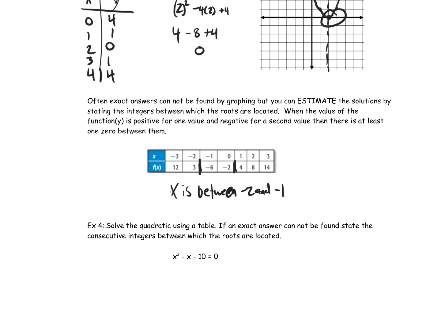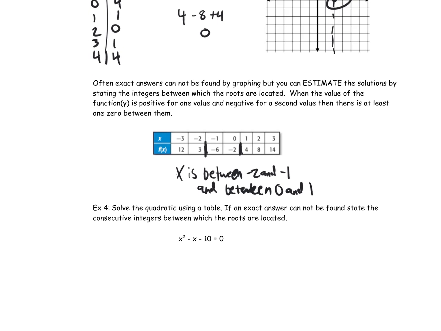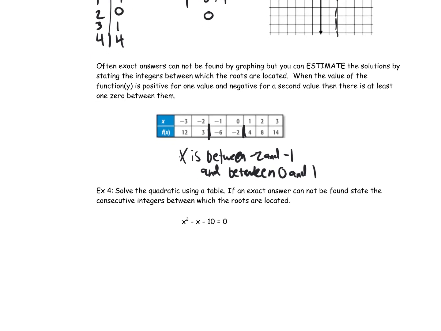So somewhere between 0 and 1. So that's where our x's have to be, our solutions have to be.